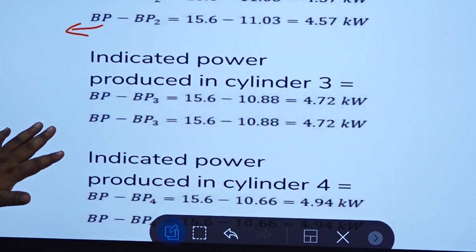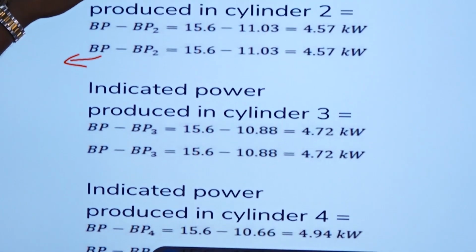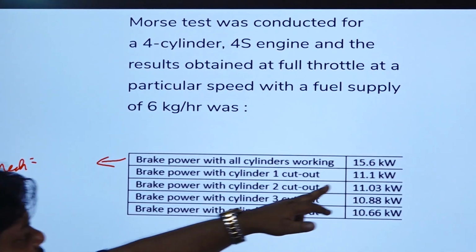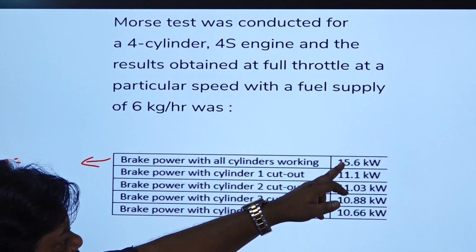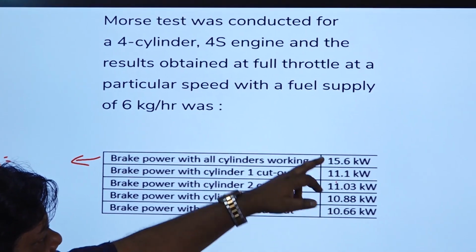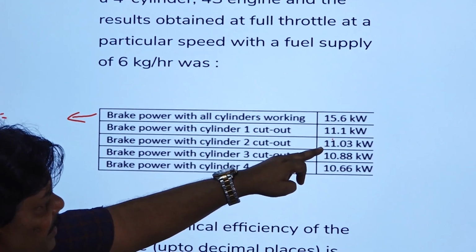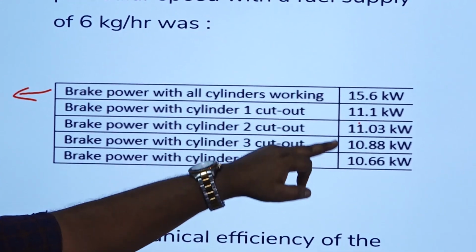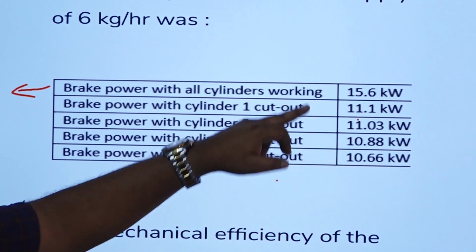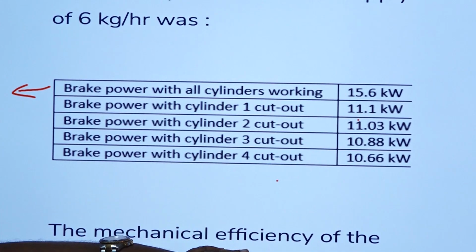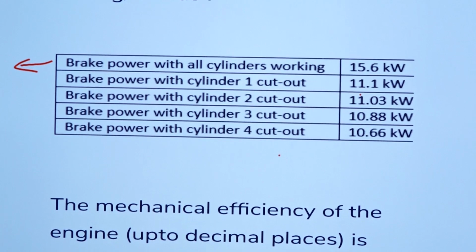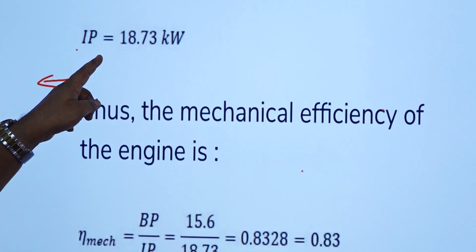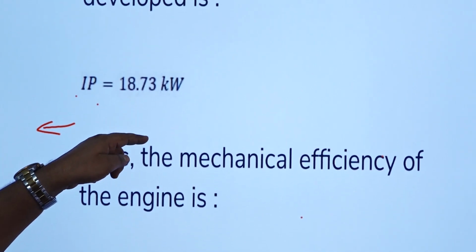The brake power is 15.6, and for cylinder 1 it is 11.1. So 15.6 minus 11.1, then 15.6 minus 11.03, 15.6 minus 10.88, 15.6 minus 10.66. You will get answers for all of these, and if you add them, you will get the total indicated power. The total indicated power developed is 18.73 kilowatt.